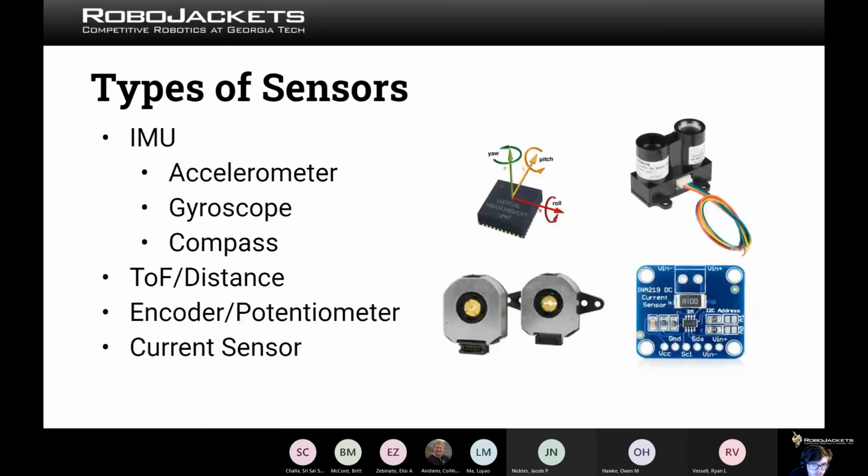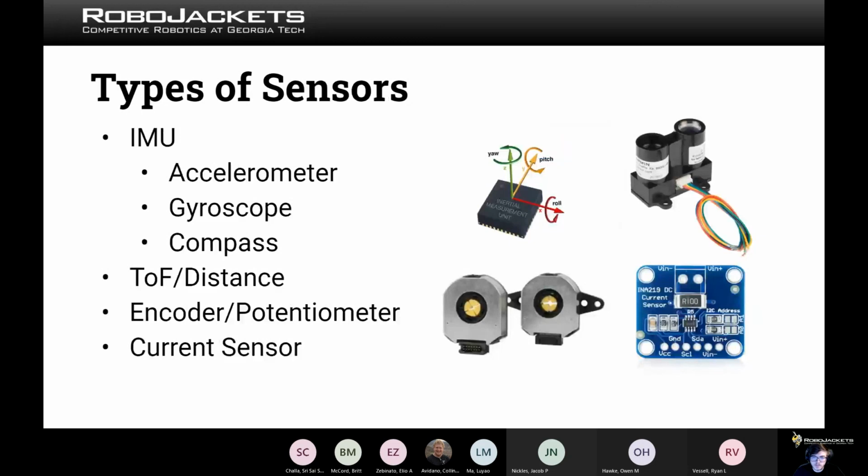There are IMUs, which we'll be simulating in the lab today, but they measure linear acceleration, rotational acceleration, and direction with the compass, pointing towards north, or magnetic north.